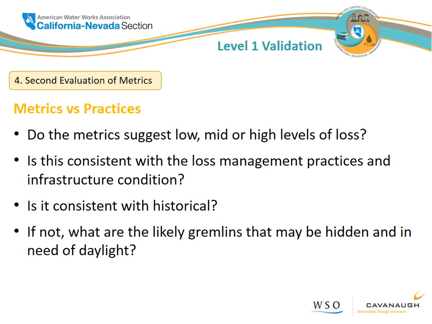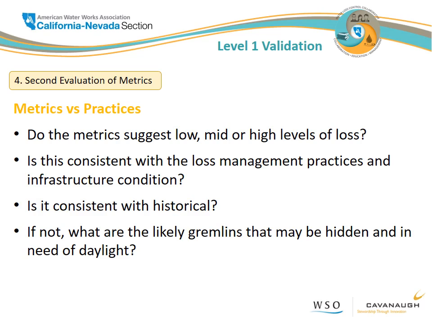So if we are seeing from an audit that matches up to that system lower levels of loss, that would not be consistent. And so that becomes a flag and likely a suggestion that there are gremlins at work that are more deeply embedded, and advanced validation activities are needed to help to daylight those.